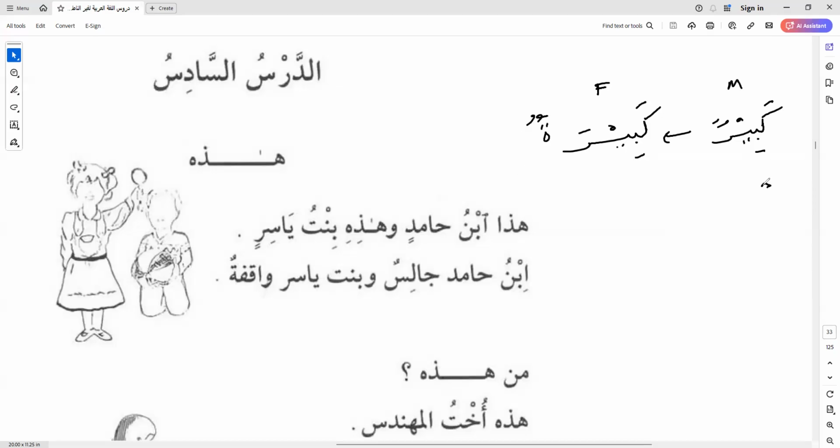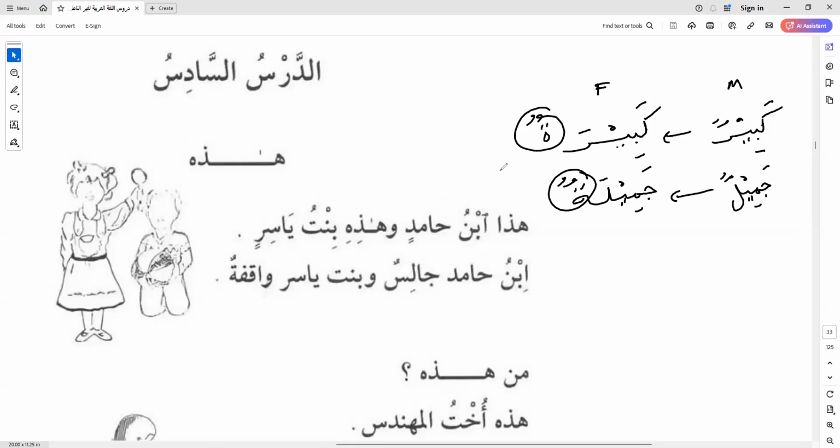If I have jamilun, beautiful, that is a male. So if I want to make it a female, then I have to say jamilatun. That's as easy as that. So you have to construct it yourself.